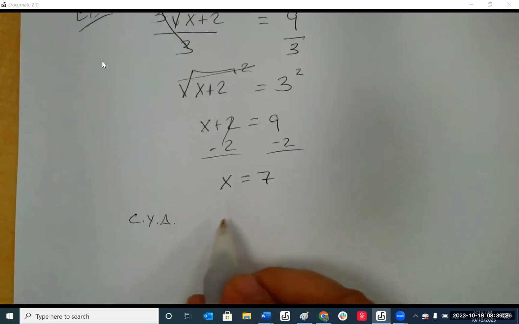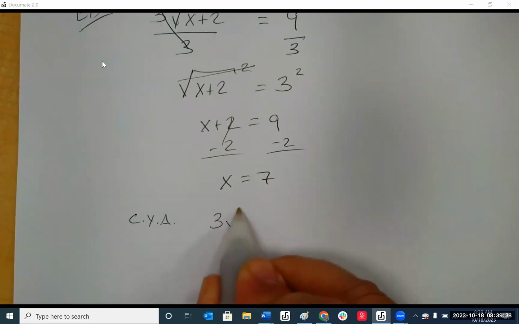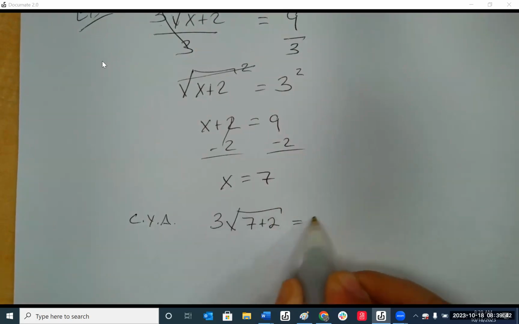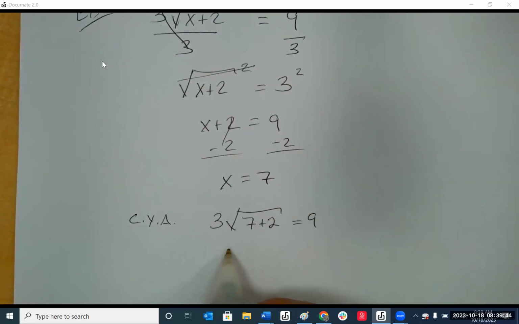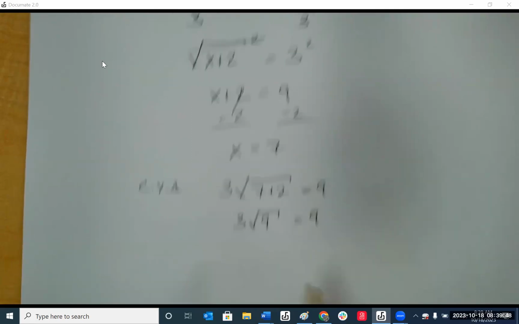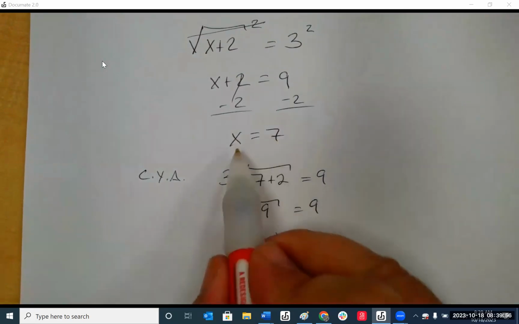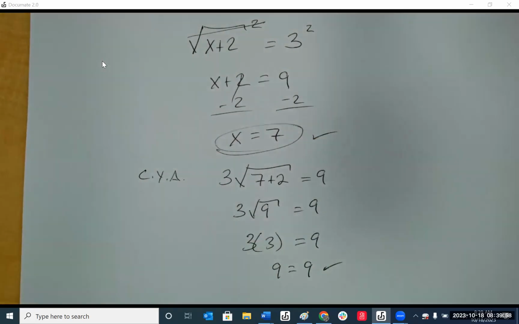Check your answer. 7 plus 2 equals 9. That works. So x equals 7 is a good answer.